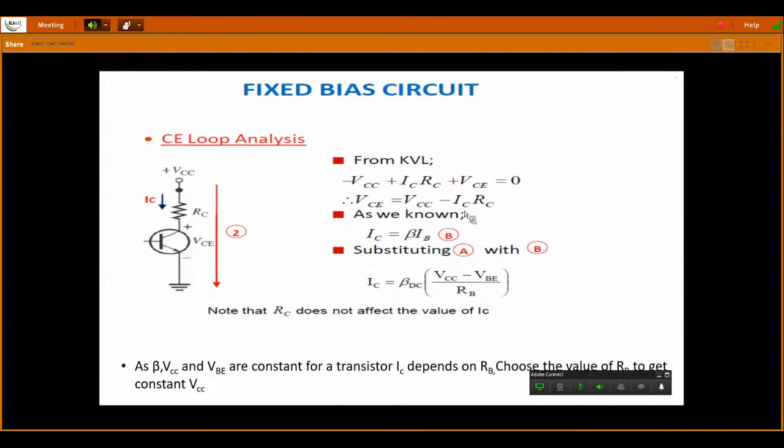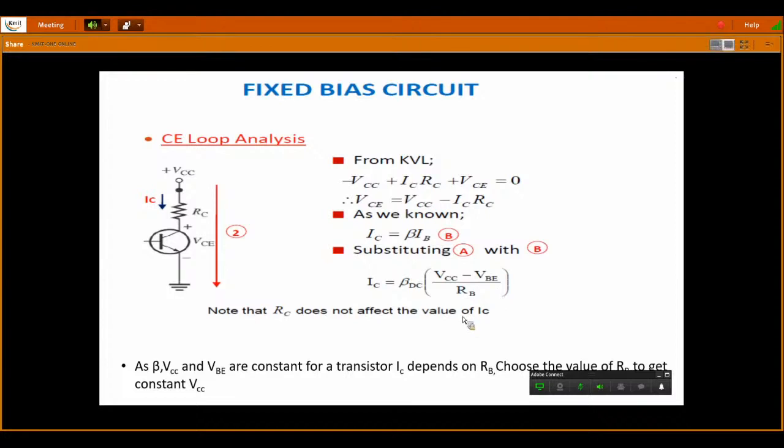Where IC, as we know, in a common emitter amplifier, is beta IB. Hence IC is equal to beta DC times the base current, which is VCC minus VBE divided by RB.